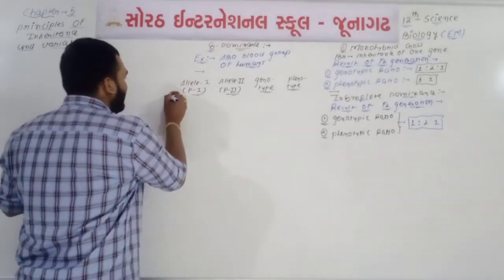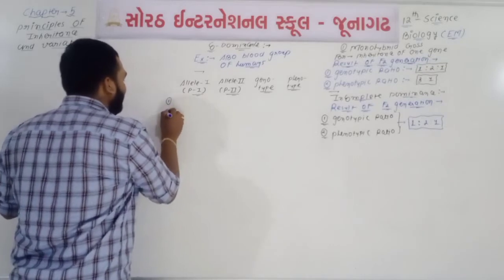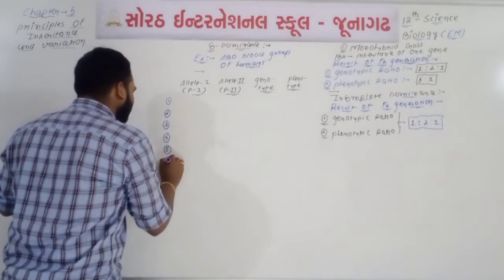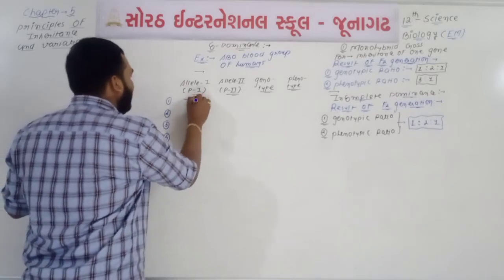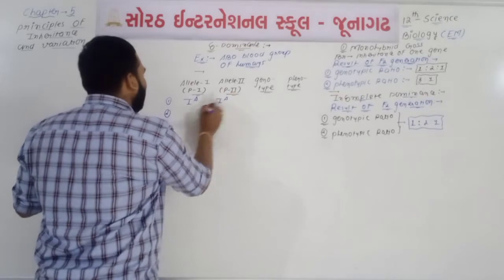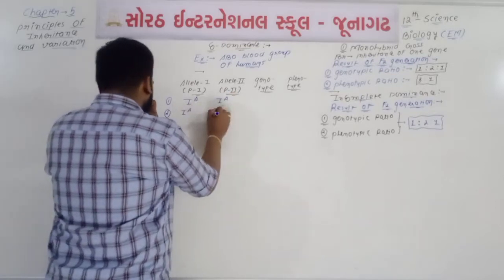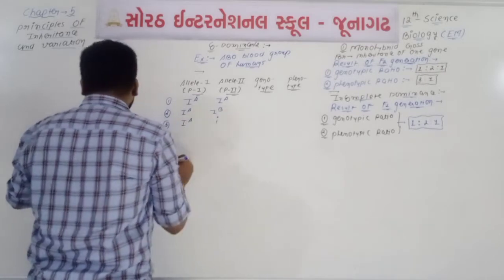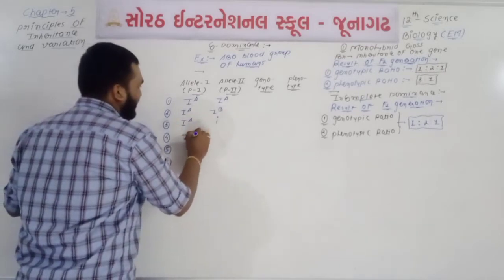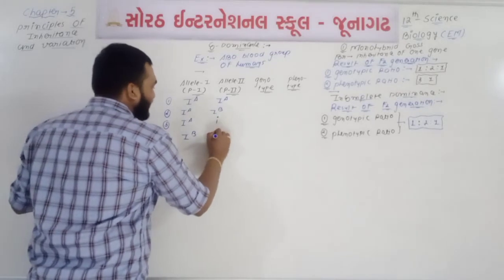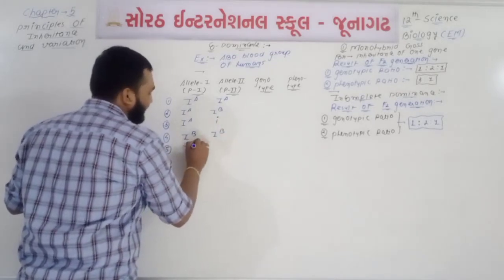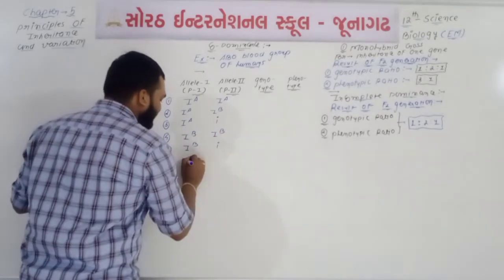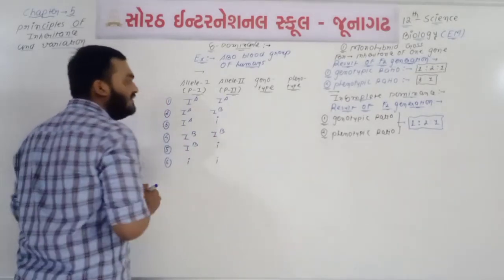You know that a total of six possibilities are there. First, IA with IA; second, IA with IB; third, IA with small i; fourth, IB with IB; fifth, IB with small i; and sixth, small i with small i.